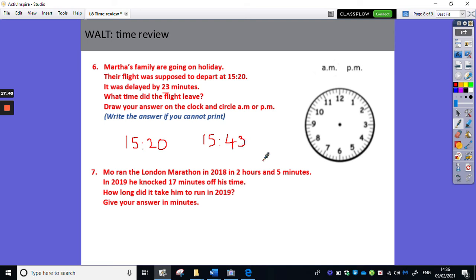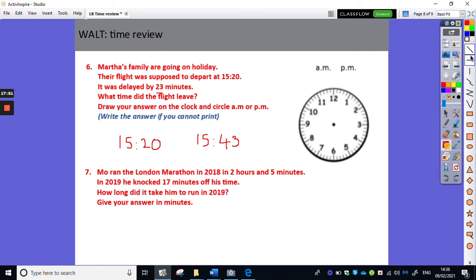15:43. Okay, so I now need to make sure I've got that on my clock. So if you've drawn it, let me just show you what you should have got. So remember, 15 in the afternoon is 3 o'clock. So my hand for my 3 to show the hours for 15 would have almost been at the 4, a little bit past half, because we're 43 minutes past.